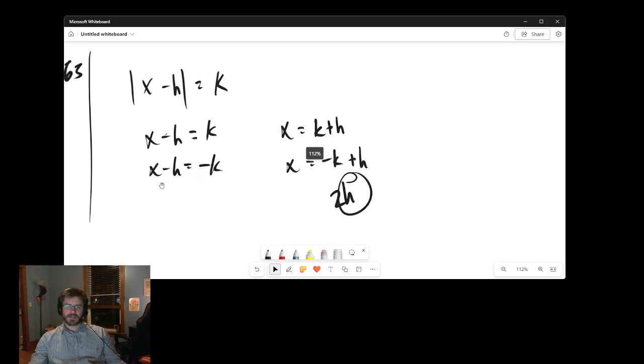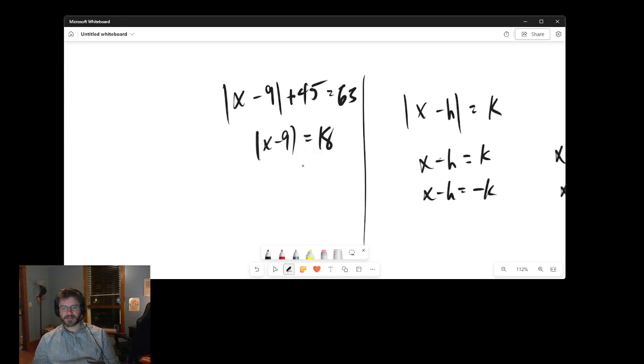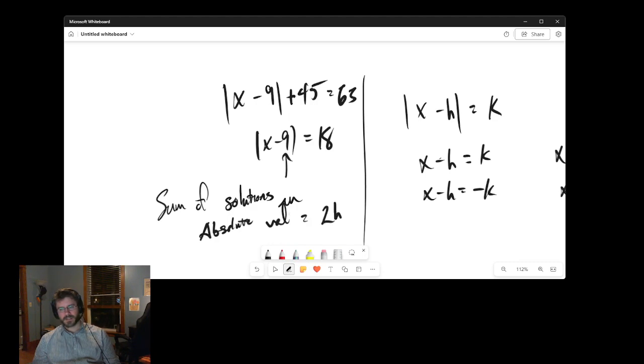So the sum of solutions is 2 times the opposite of that number. So the sum of solutions in absolute value is equal to 2h in the expression |x - h| = k.